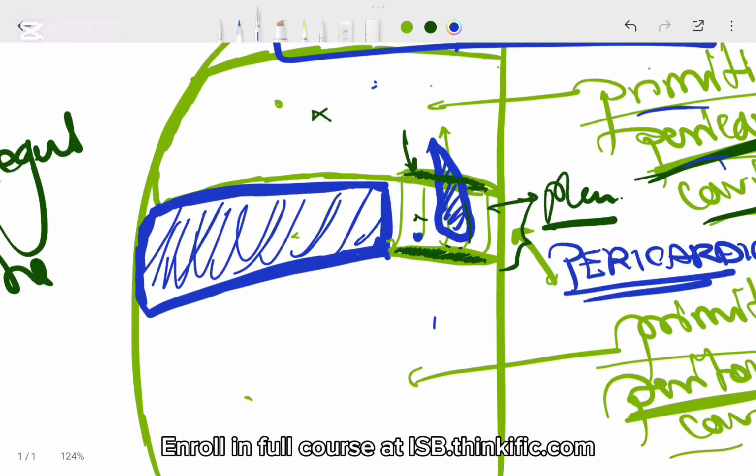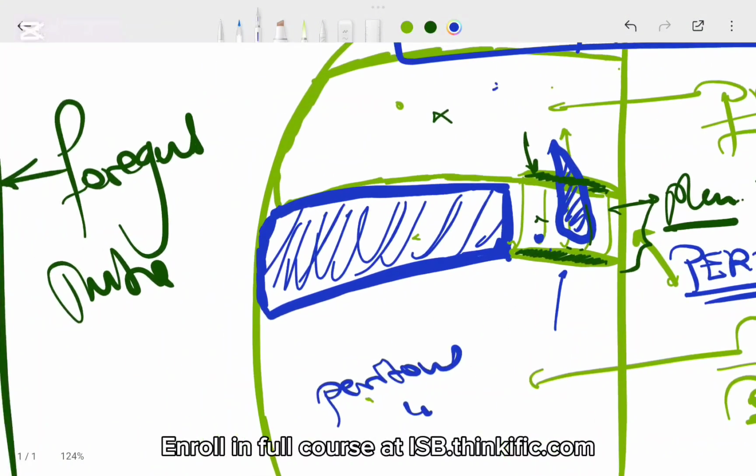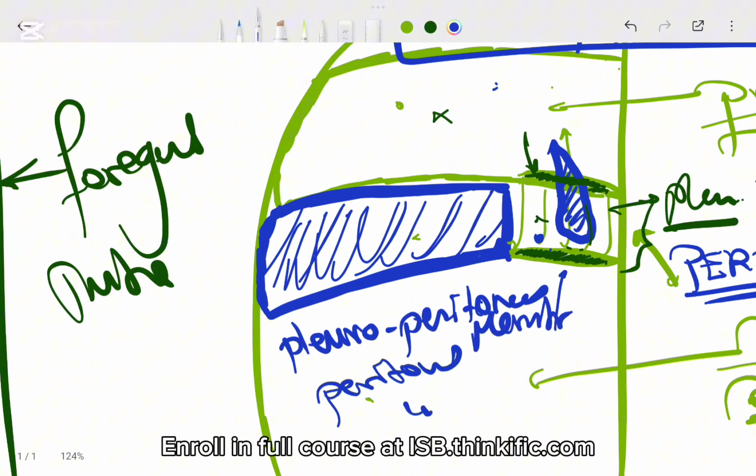And if we want to name the membrane down below, again, we're not going to call it pericardio peritoneal canal membrane, whatever. It's going to be confusing. So since this is the primitive peritoneal cavity, we're just going to call it pleuroperitoneal membrane. Now it's confusing, guys, because in the exam that's confusing.